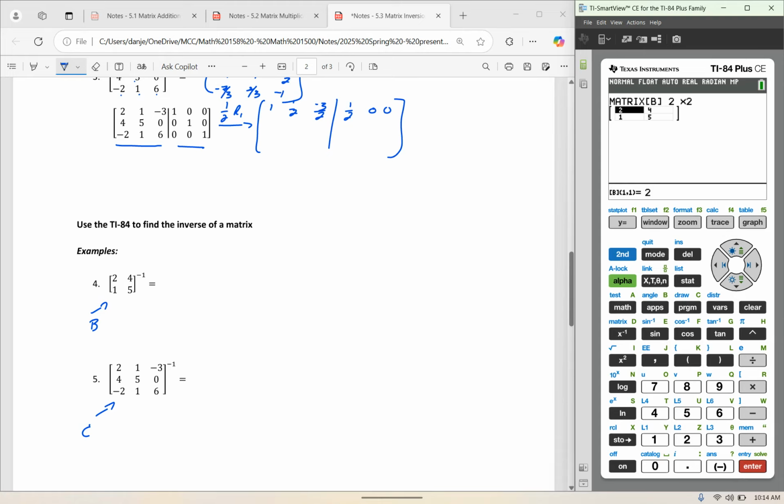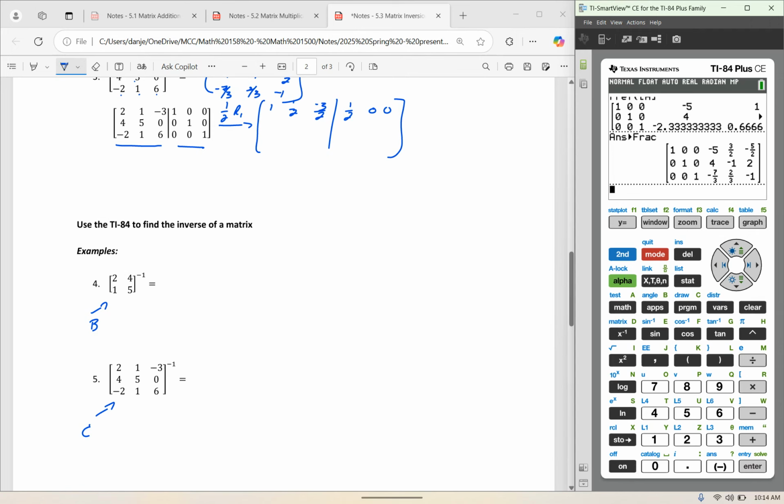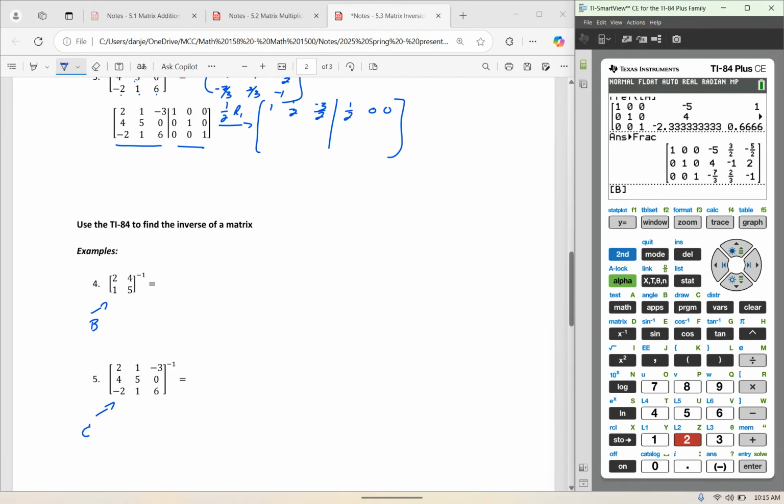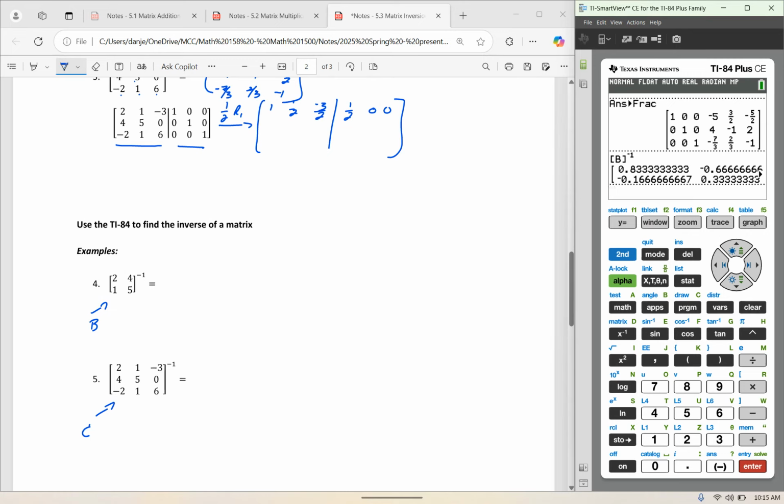I'm going to edit my matrix B to be the 2 by 2 matrix, 2, 4, 1, 5. So there's my matrix B. Notice what I want to find is B inverse. I'm going to select matrix B. Whoops, I don't want to do that there. On my home screen, I want to select matrix B, inverse. Enter.